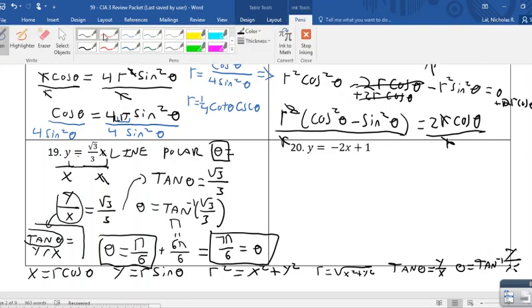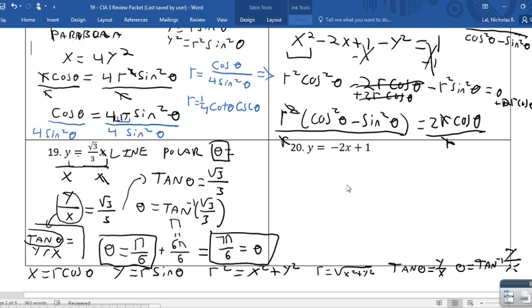All right. For 20, y is equal to negative 2x plus 1. So here, what we can do is use our polar conversion formulas. So y is equal to r sine of theta, which is equal to negative 2, x is r cosine of theta, plus 1.